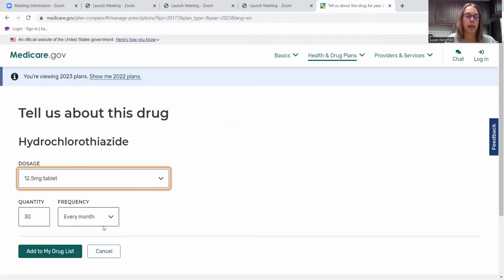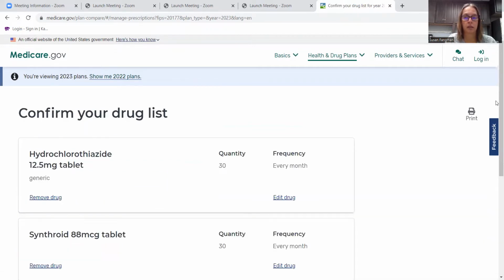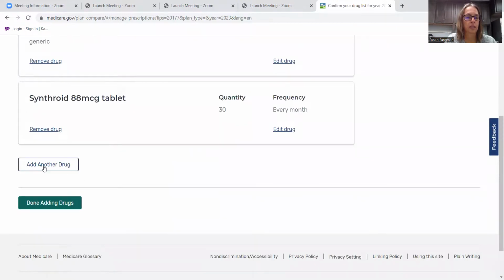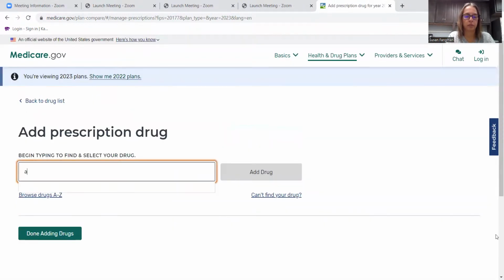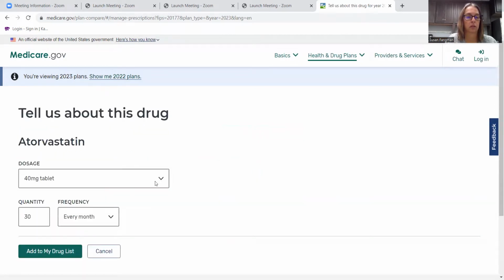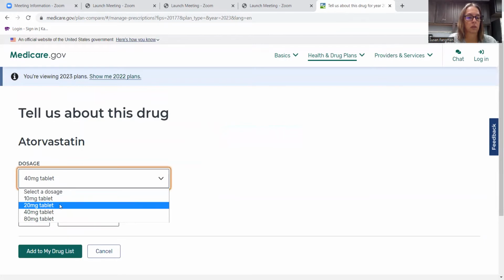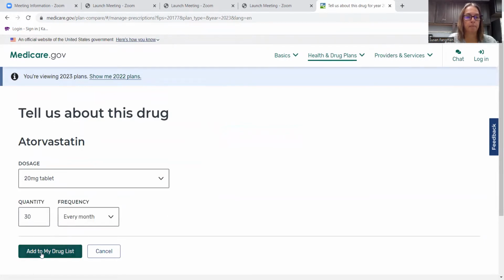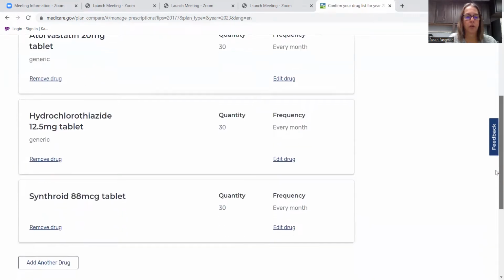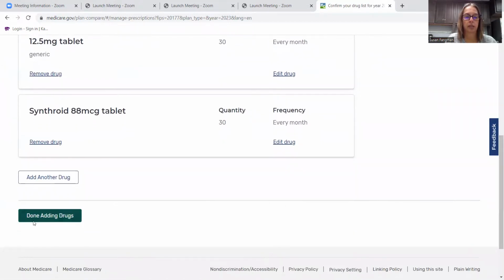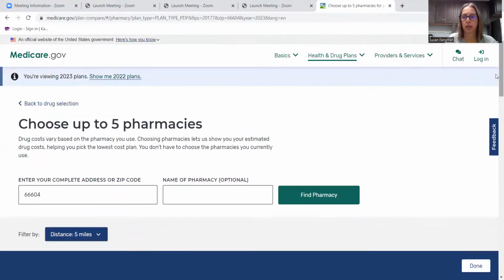Again, we're going to do 1 a day for a month. And then let's add our statin. One a day. Once we've entered all of our prescriptions, you can click Done Adding Drugs.